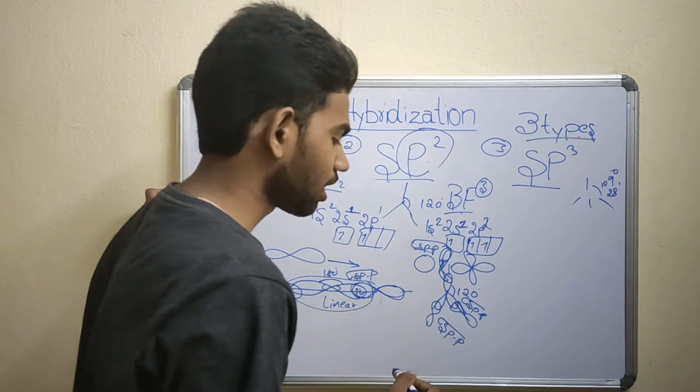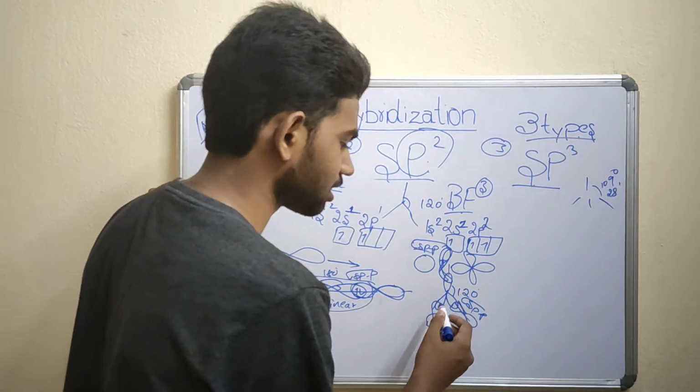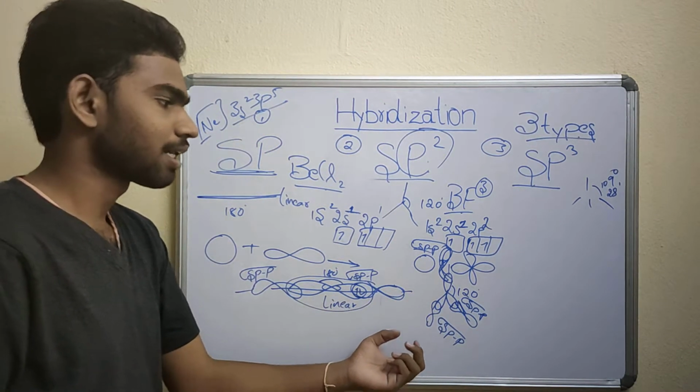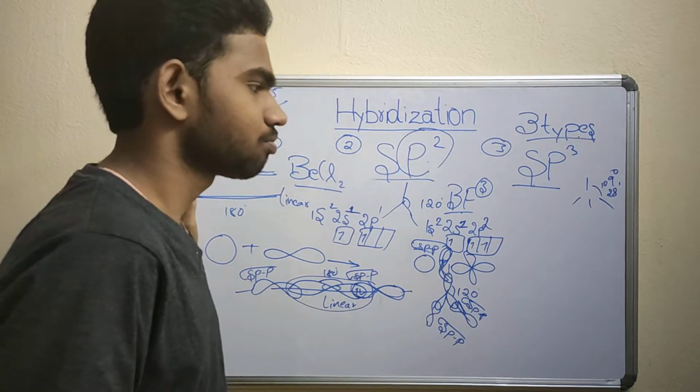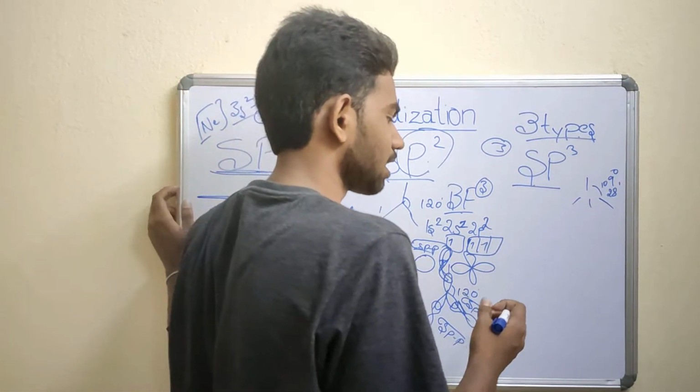The bond angle is 120 degrees and the shape is trigonal planar. I am writing somewhat congested, so you can check the textbook once and understand clearly.